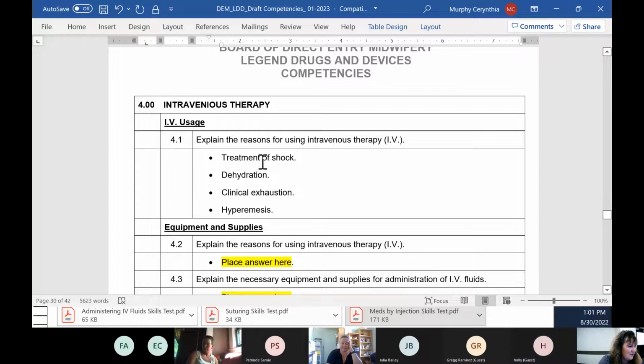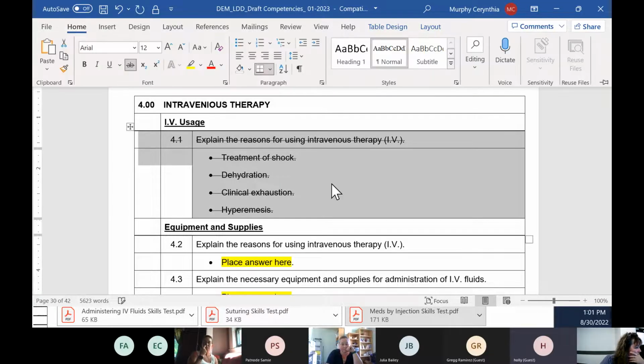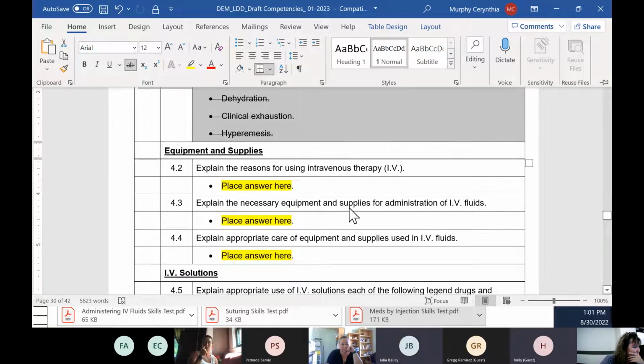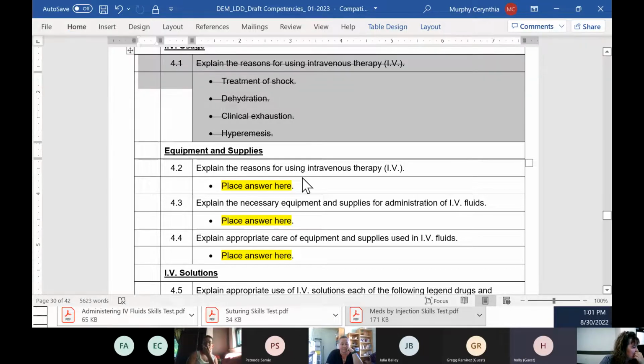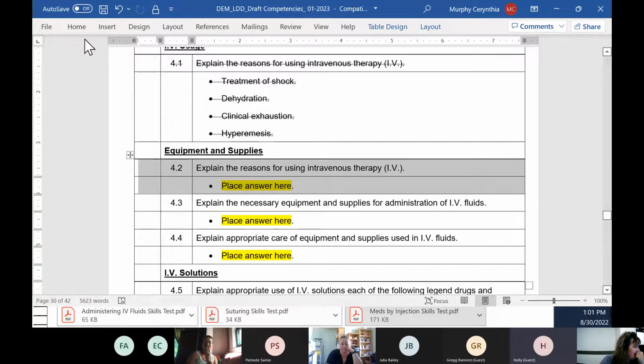Okay, so the reasons for using. That is going to duplicate the one above, so we'll probably combine that into one fun-filled, action-packed joyride. Perfect. Okay, so 4.2 is part of what we just were talking about too, so I would get rid of it at this point.